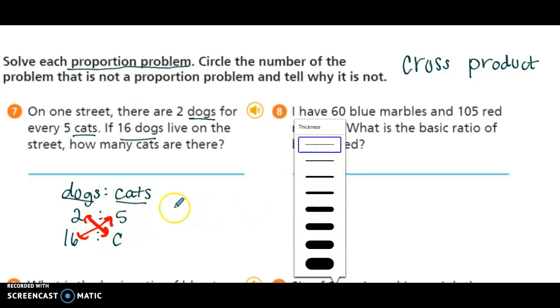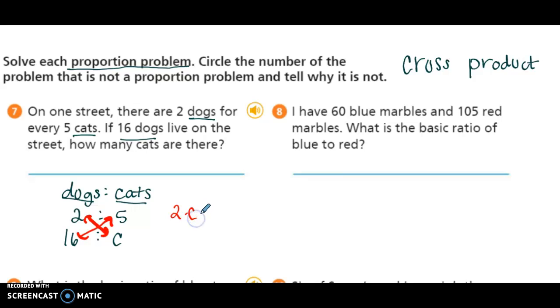Products are multiplying. So 2 times C is the same value as 16 times 5. To figure out the value for C, we're going to undo this multiplying by 2, and we're going to divide it by 2, and then we have to divide the other side by 2.